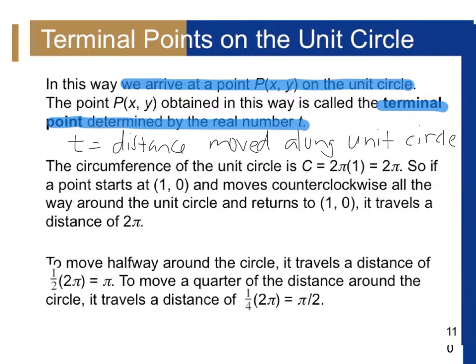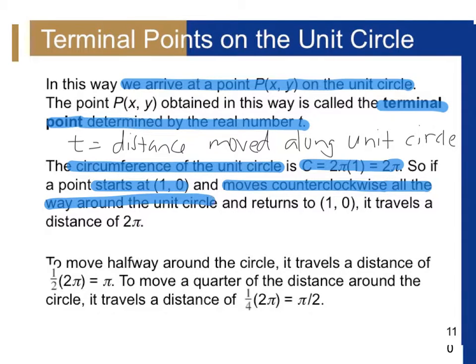Now remember, the circumference is 2 pi r for a circle. So the circumference of the unit circle is C equals 2 pi times 1, which is 2 pi. So if we start at 1, 0, and we move counterclockwise all the way around the unit circle and return to 1, 0, then you're traveling a distance of 2 pi, because you want the full circumference.